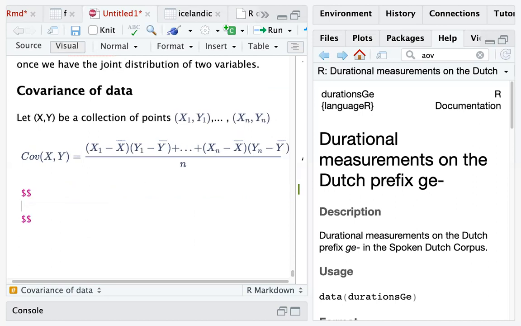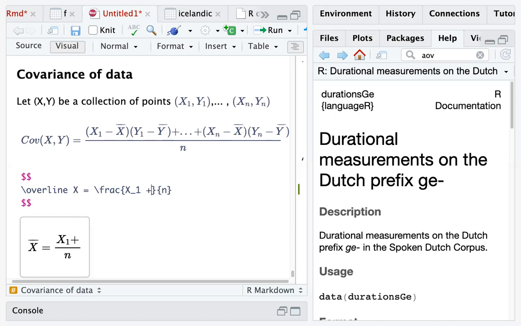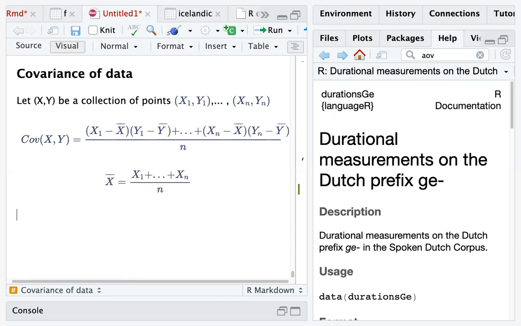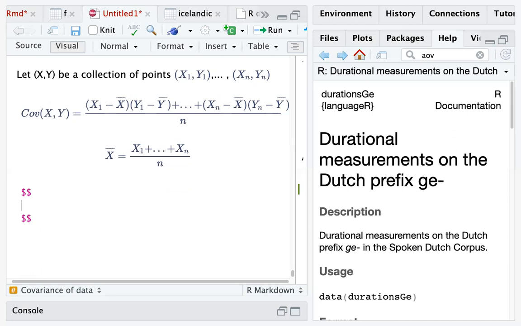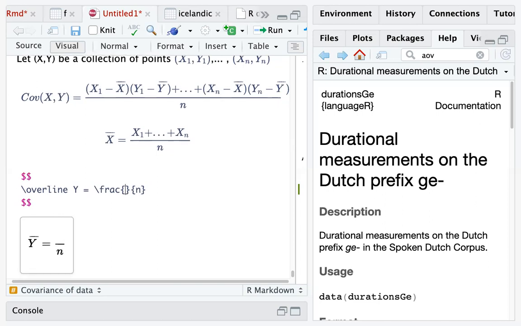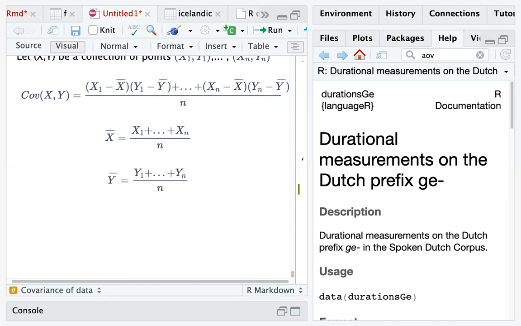I recall that the mean is simply the usual one, x1 plus up to xn divided by n, and the same thing goes for y. So this is the definition.